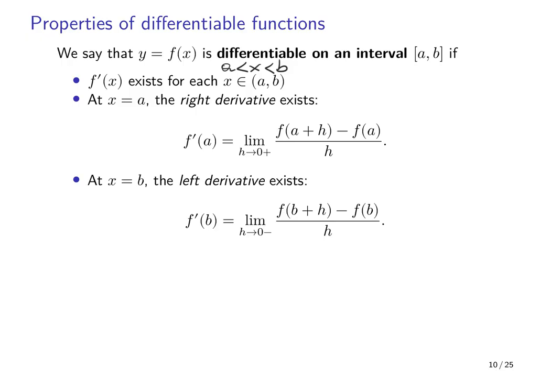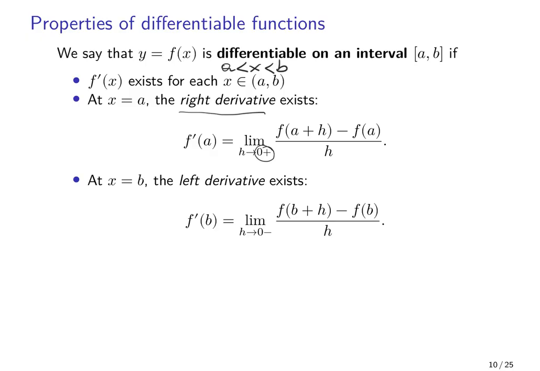And at the lower bound of the interval, x equals a, we want the right derivative to exist. How do you define the right derivative? F prime of a, the right derivative, has the same definition as for the ordinary derivative, except now you take a right limit. You let h go to 0 plus.